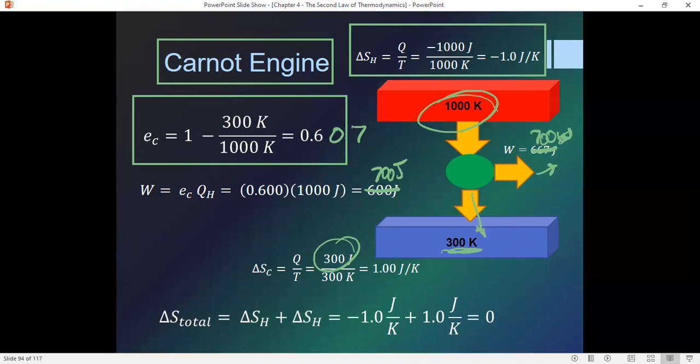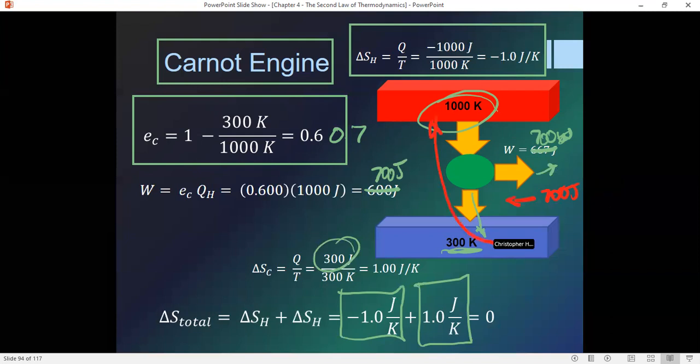Well, we take a look at this and we see that my hot reservoir lost 1 joule per Kelvin. My cold reservoir gained 1 joule per Kelvin. And what's interesting about this is if I could reverse this Carnot engine and turn it into a Carnot refrigerator, I could put that work back in and get that 1000 joules to jump back where it started out.